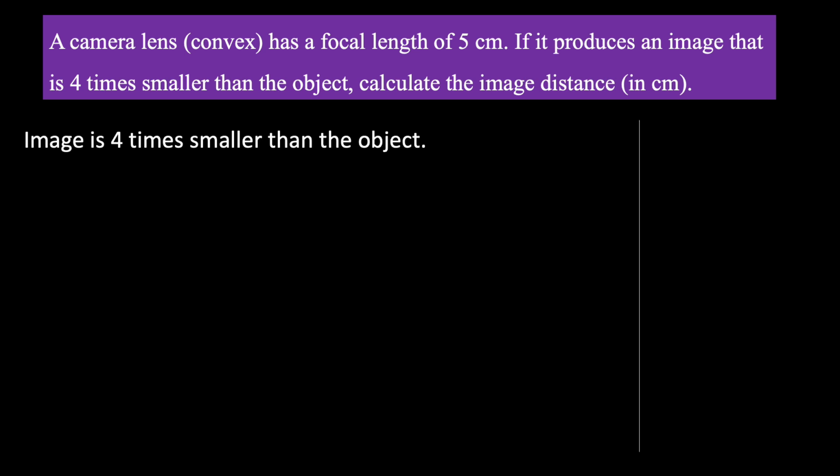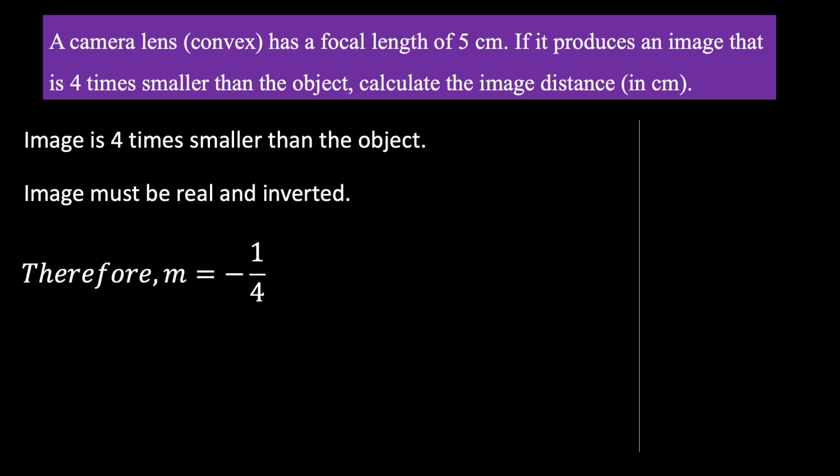So image is 4 times smaller than the object. Image must be real and inverted. We just saw that. Therefore, we can write that M is equal to minus 1 by 4. Why is there a negative sign? Because the image is inverted.